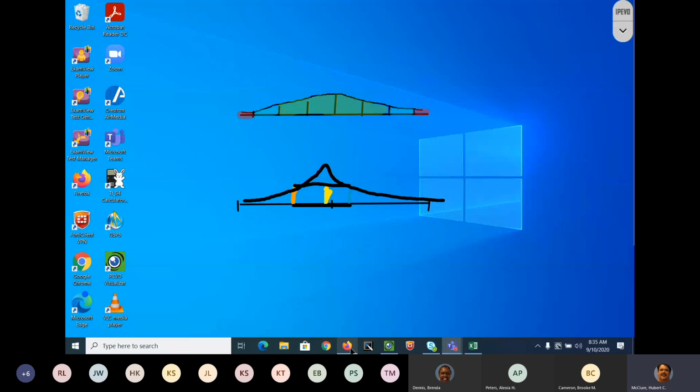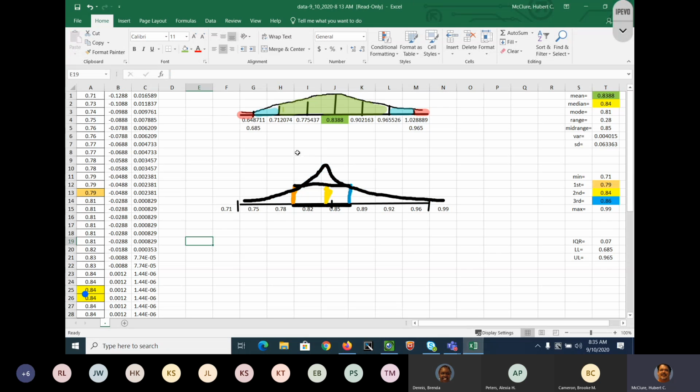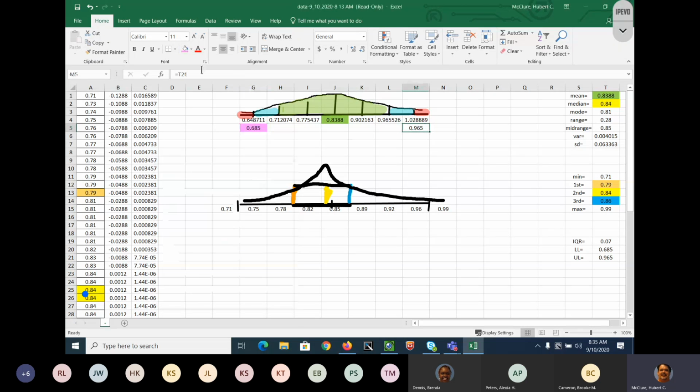Okay, where was I? Let's go back to the spreadsheet. Please make sure you understand this. I'm going to put this in pink. That one right there and that one right there is basically, if you don't want to use the empirical rule, let's say you're doing research, and you don't want to use the empirical rule, but you want to find outliers, then you use the interquartile range.